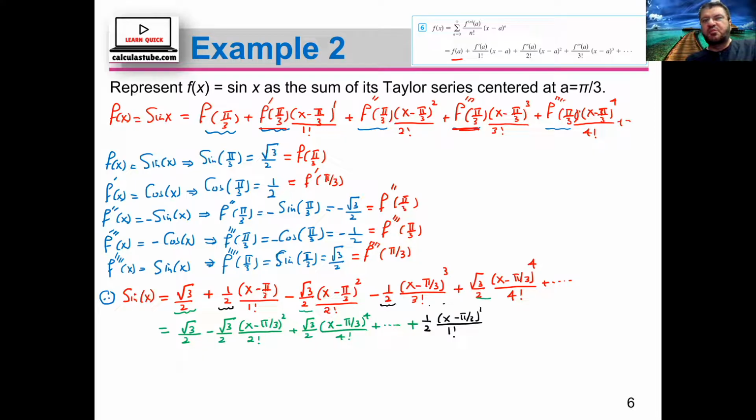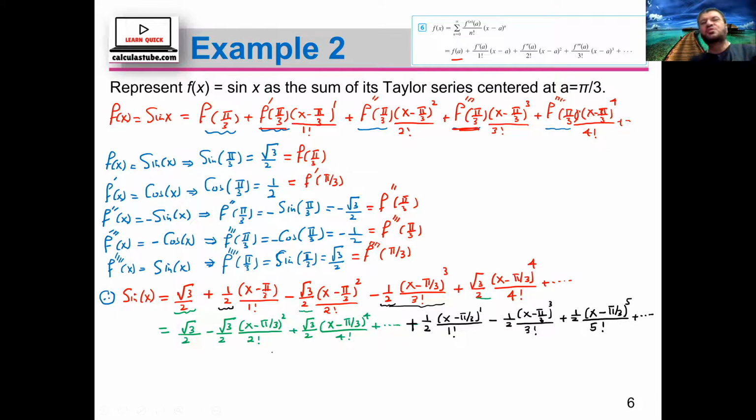Then we come to this half, which is minus half x minus pi over 3 to the power 3 over 3 factorial. Now look at this one. This is positive, negative. The next one is going to be positive. It alternates. That was 1, becomes a 3. So, half x minus pi over 3 to the power 5 over 5 factorial, and plus dot, dot, dot.